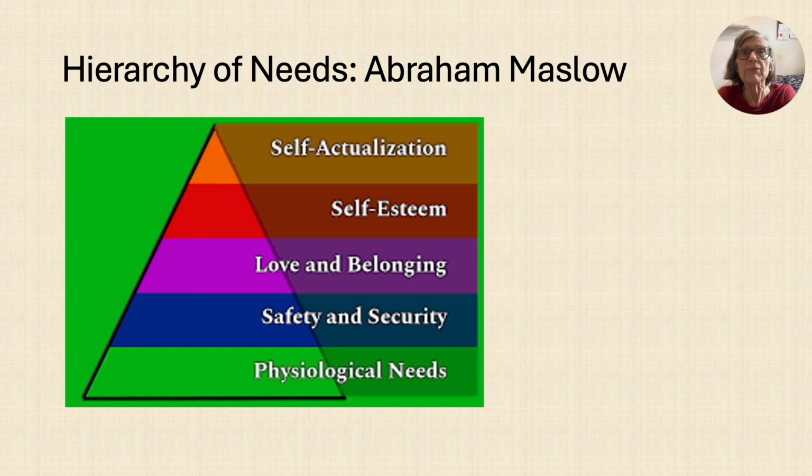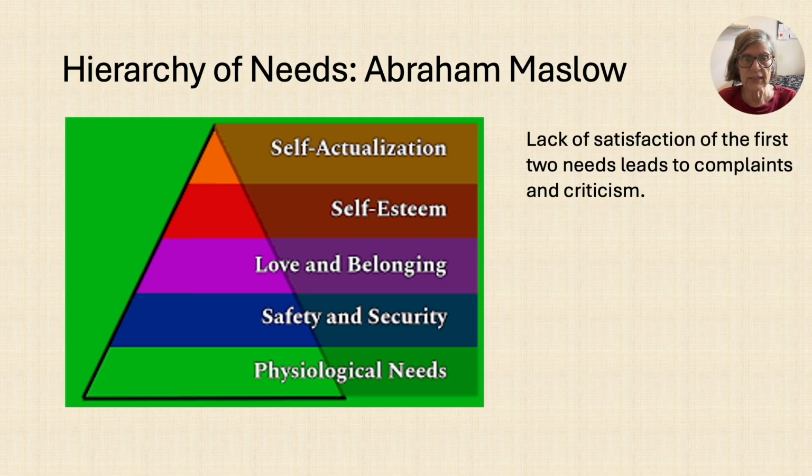A second type of motivation is based on Abraham Maslow's hierarchy of needs. According to Maslow, we have 5 different types of needs, and we tend to satisfy them in order. We have physiological needs, safety and security needs, the need for love and belonging, the need for self-esteem, and the need for self-actualization.